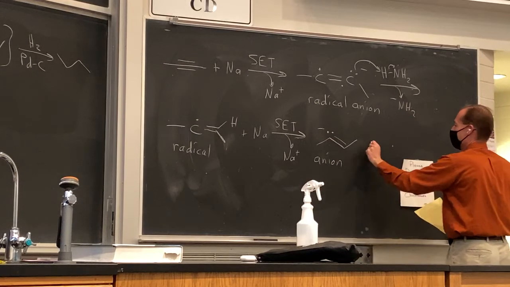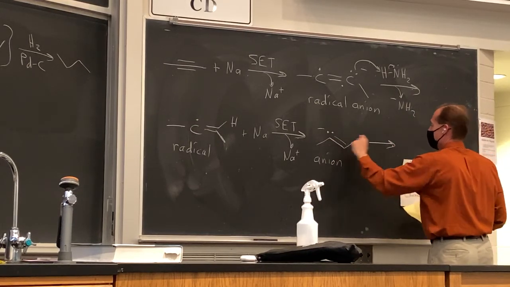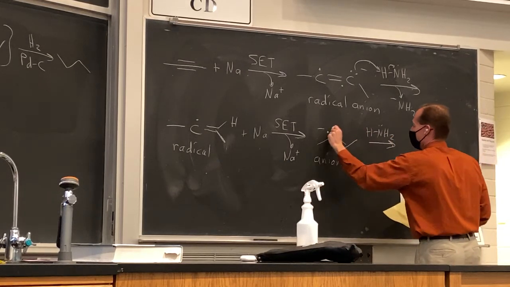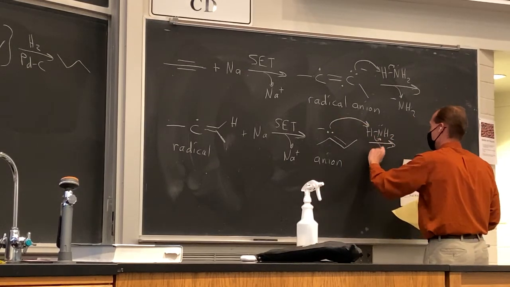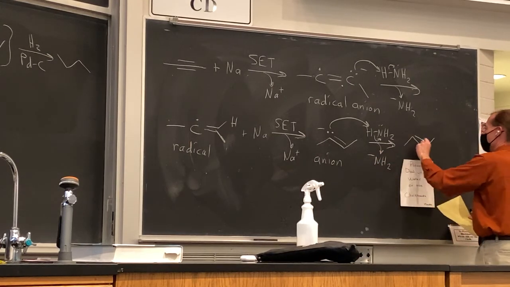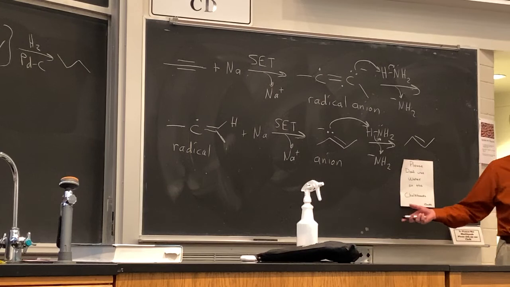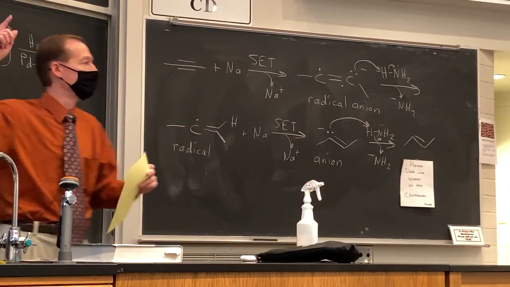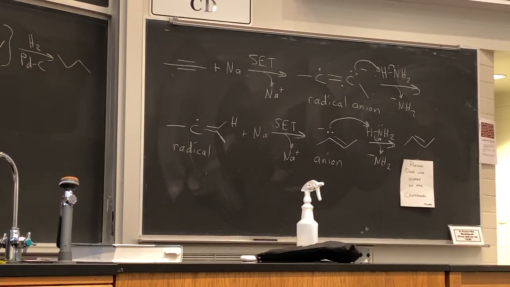And then this anion is going to deprotonate another molecule of ammonia, giving us our product. Okay? So it's a four-step mechanism, but it's the same two steps repeated. Single electron transfer followed by protonation with ammonia. A very, very weak acid, but these vinyl anions are very, very strong bases.